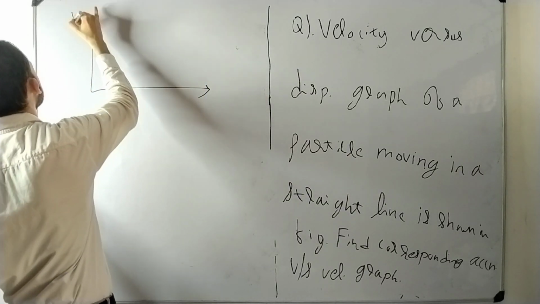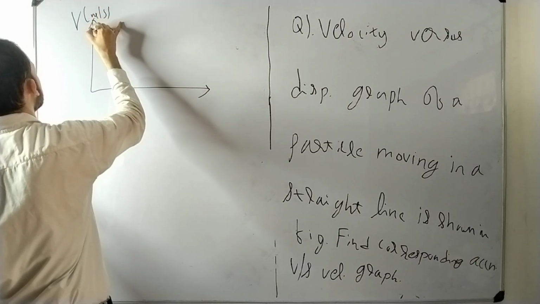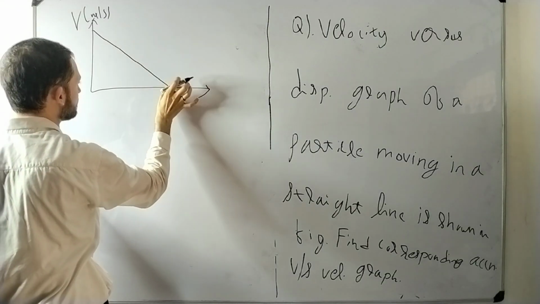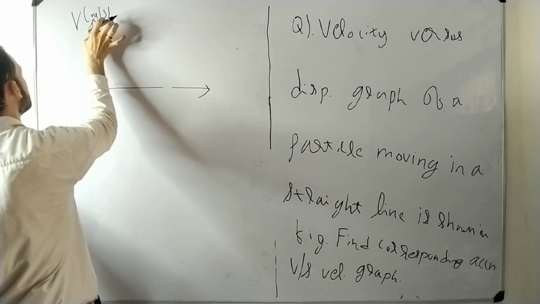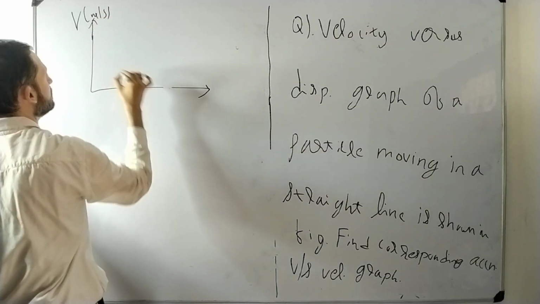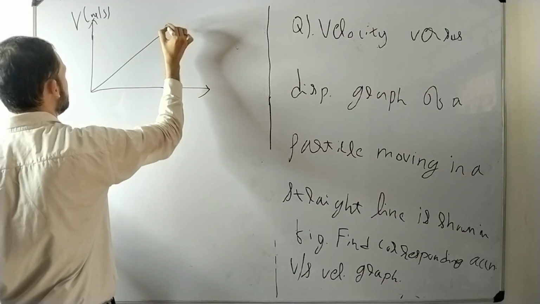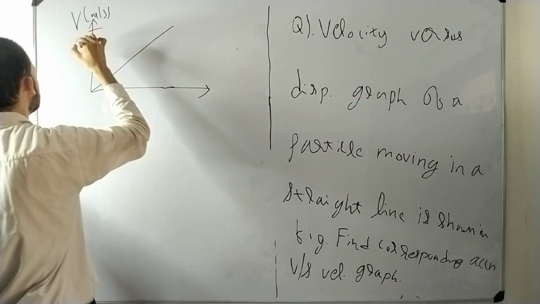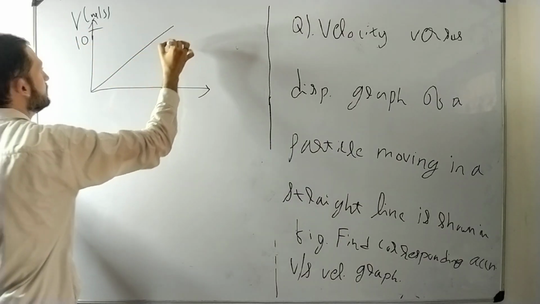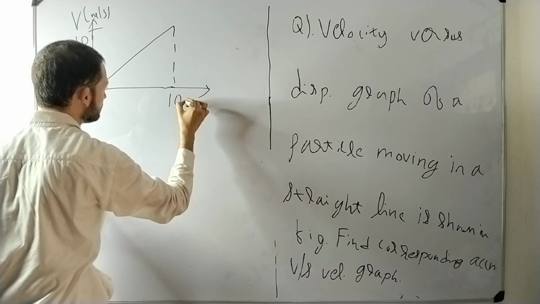Velocity is being given as 10, and this is the graph. So what graph are you drawing? This is not the graph. You are repeating the graph. So this is the graph. Oh, thankfully you are drawing right. 10, and this is again 10.